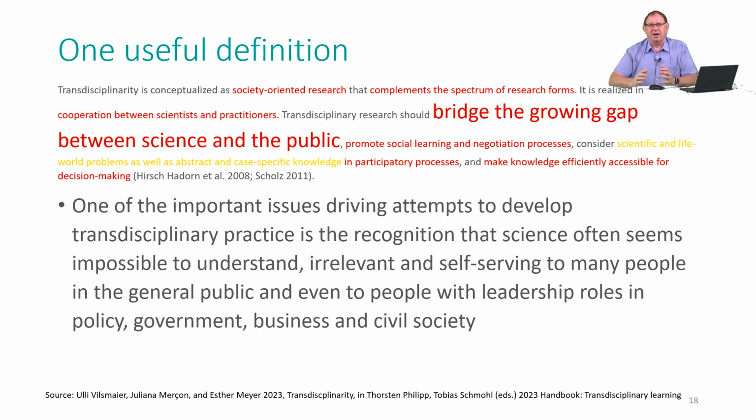So we need to find ways to bridge the gap with these other sectors of society and to talk the language and to address the priorities that are important to them and not just the interests and priorities that are important to us as academics.